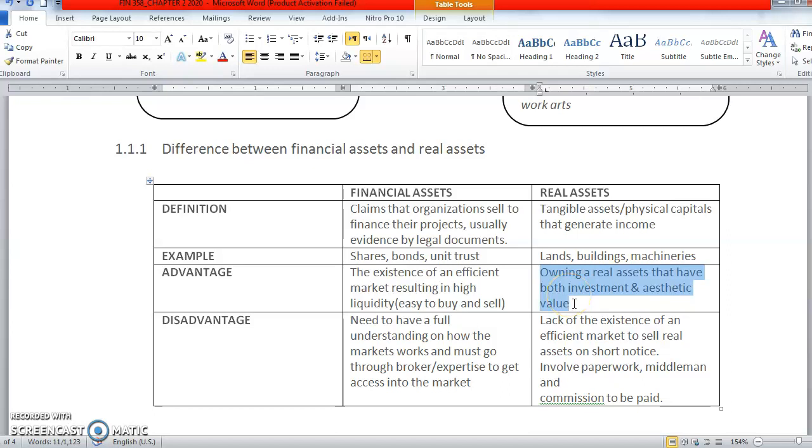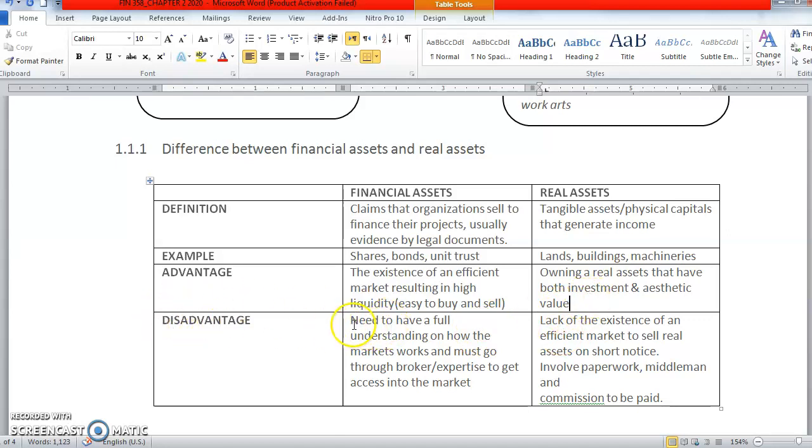So kalau untuk you jual beli dengan sangat cepat, itu susah. Tapi dari sudut hak milik dan ownership, itu kebanyakannya orang beli real asset ni untuk hak milik dan ownership. Dan nanti dia boleh jual later on.